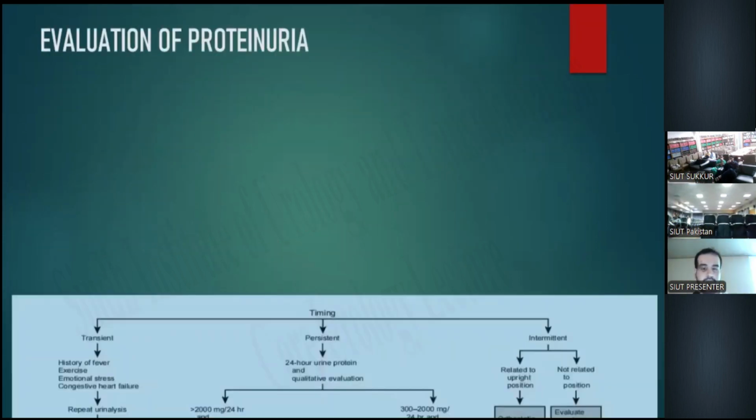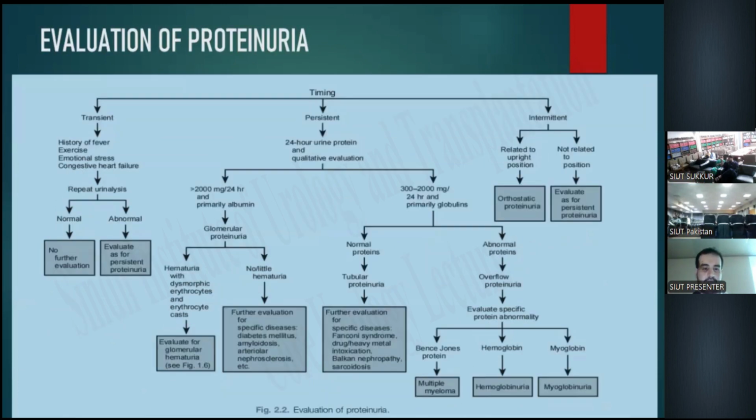For the evaluation of proteinuria, it can be categorized on the timing of occurrence, whether it is transient or persistent. Take a history, investigating fever, exercise, emotional stress, or congestive heart failure, and repeat the urine analysis. If it's normal, there is no further evaluation.